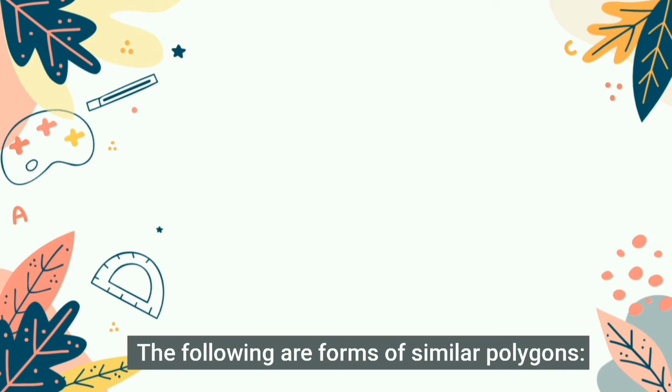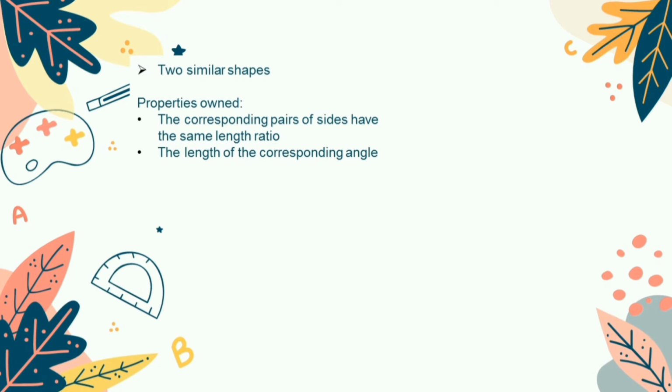The following are forms of similar polygons. Two similar shapes have these properties: the corresponding pairs of sides have the same length ratio, and the corresponding angles are equal.